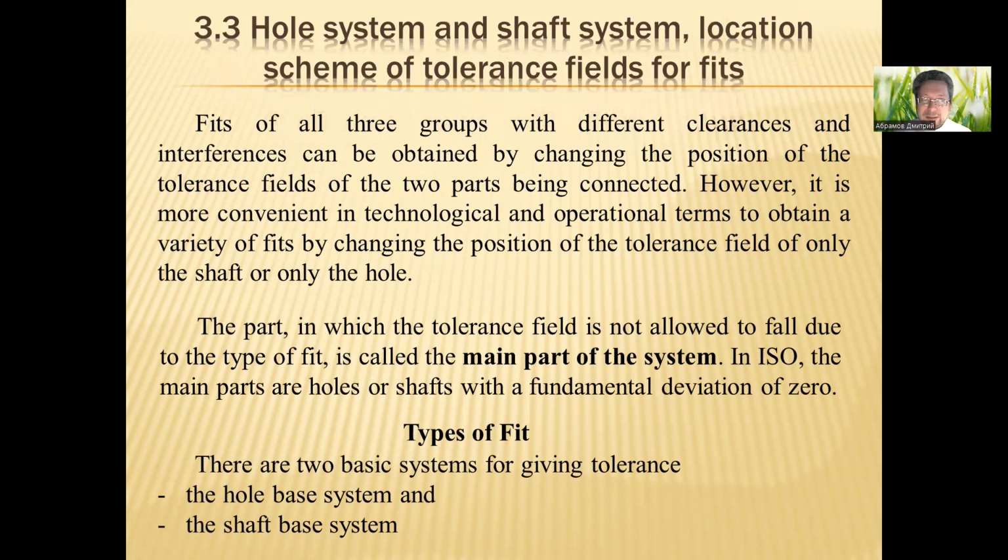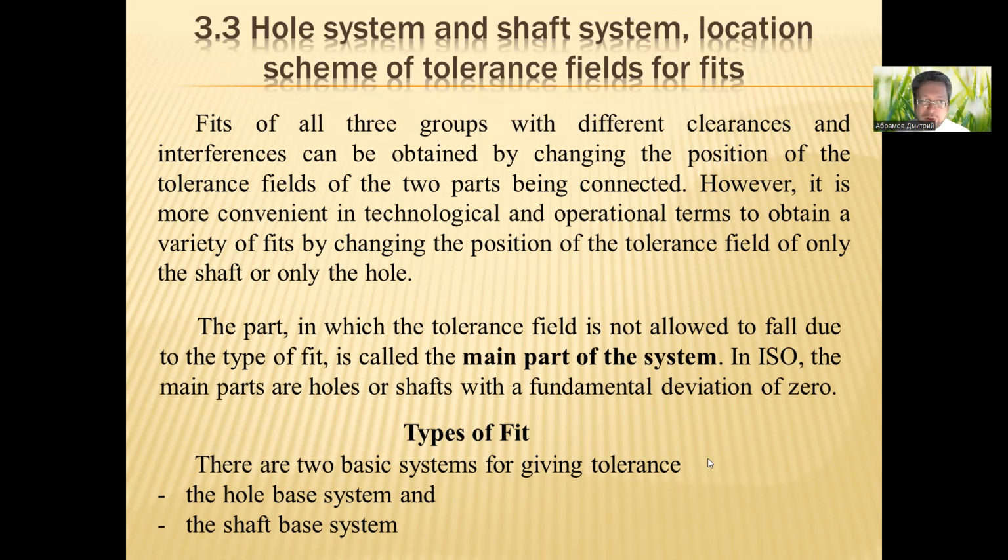Now we start the next item of our lecture: hole system and shaft system, location scheme of tolerance fields for fits. Fits of all three groups with different clearances and interferences can be obtained by changing the position of the tolerance fields of the two parts being connected.